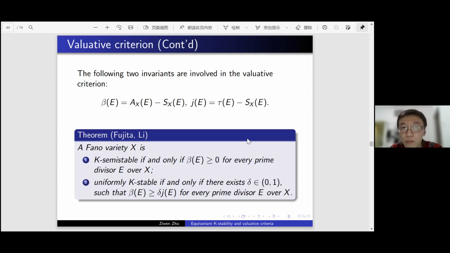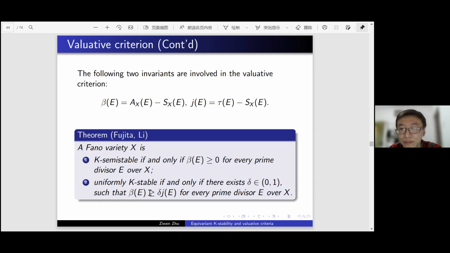If we compute the generalized Futaki invariant and the non-Archimedean norm of that test configuration, we will see that it is indeed a multiple of beta and J. Therefore, the non-negativity of beta comes from the non-negativity of the generalized Futaki invariant. And this inequality beta of E greater than or equal to delta J of E comes from the definition of uniform K-stability.